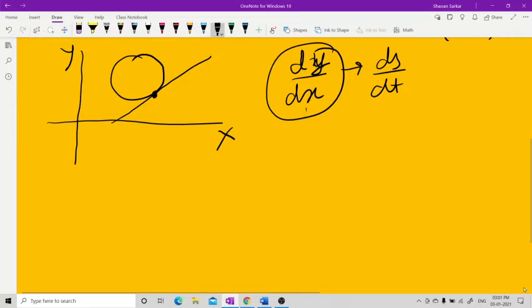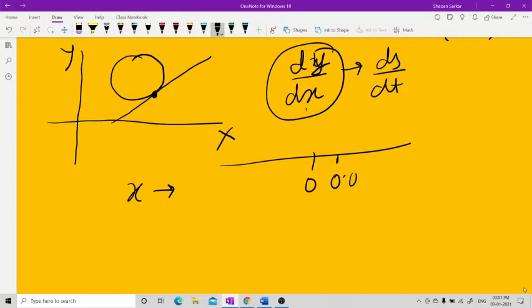Now let us see one thing. This is your number line, this is 0, this point is 0.000000001, and this point is minus 0.000000001. I don't know how many zeros.